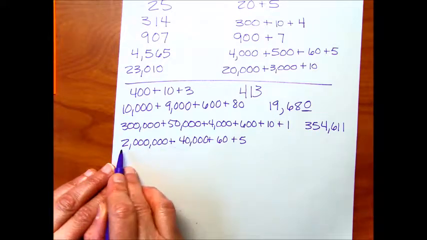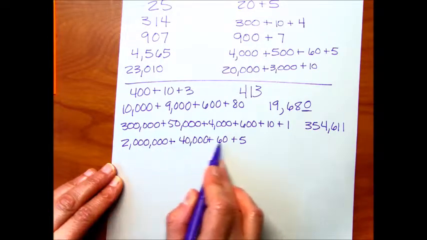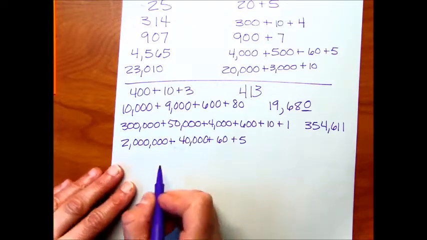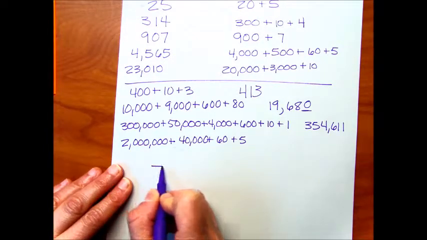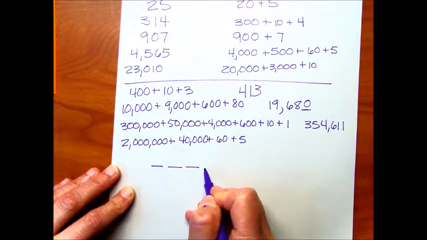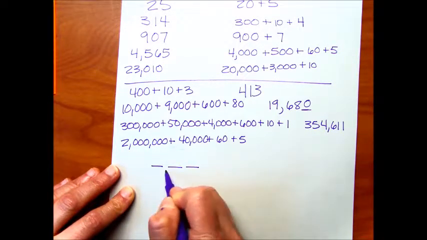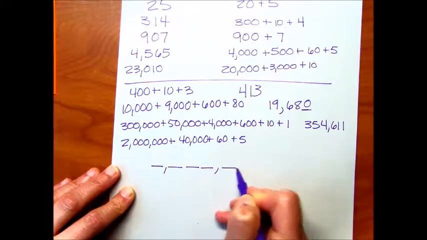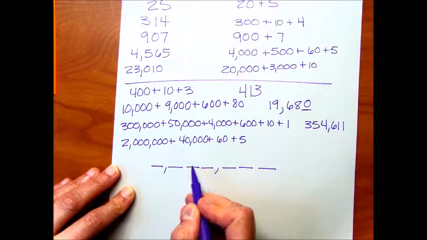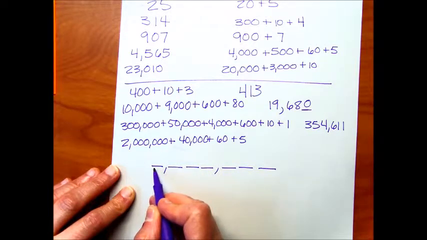There's 7 places, but we only have 4 different numbers here. So it might be helpful to just draw some lines. We're going to need 7 lines to represent the different place values: ones, tens, hundreds, thousands, 10,000s, 100,000s, millions.